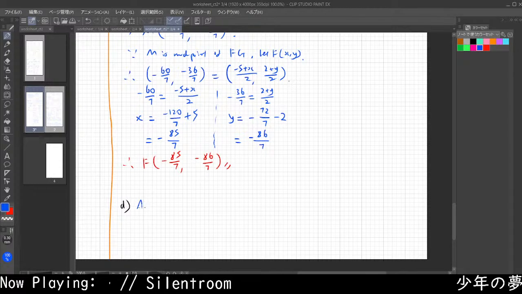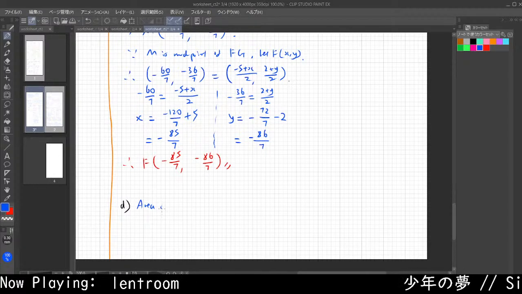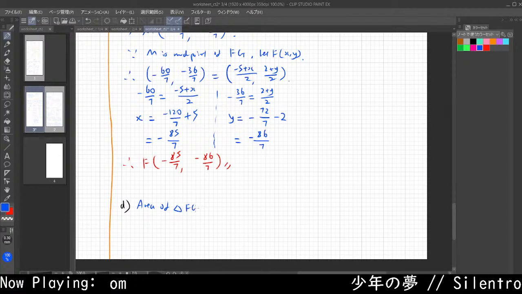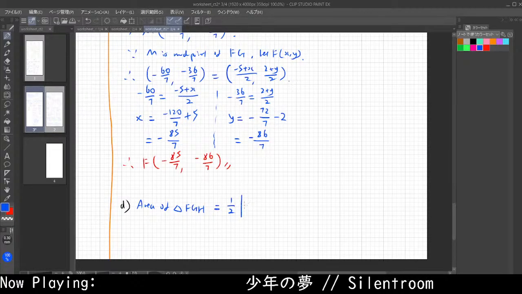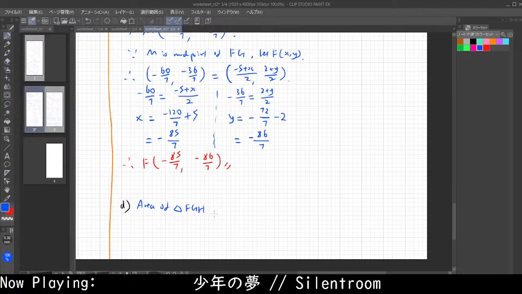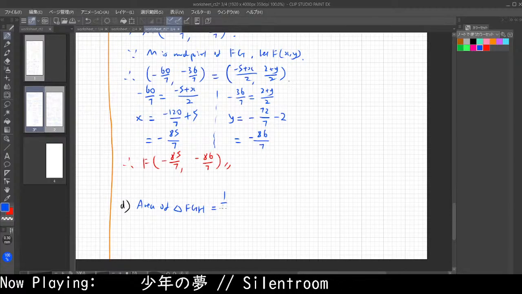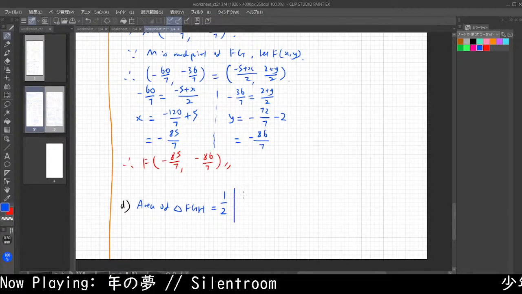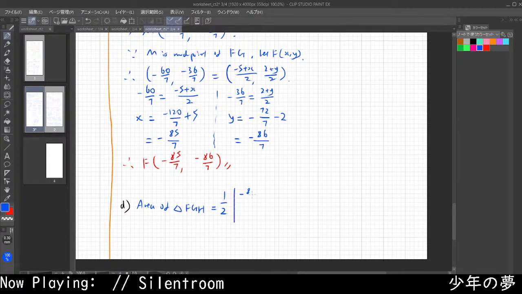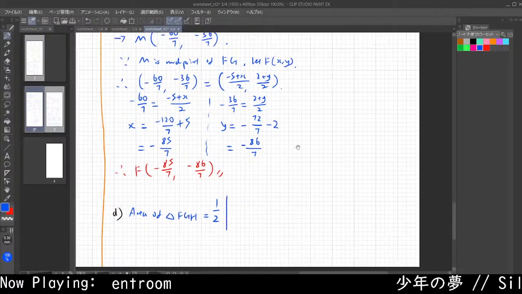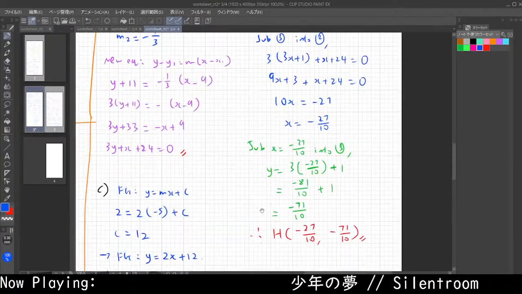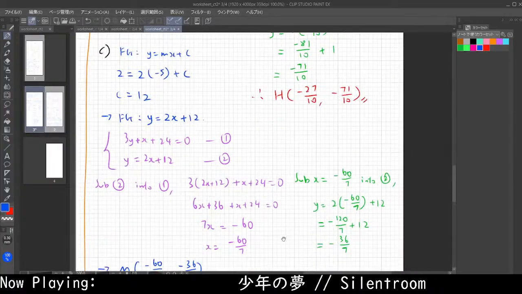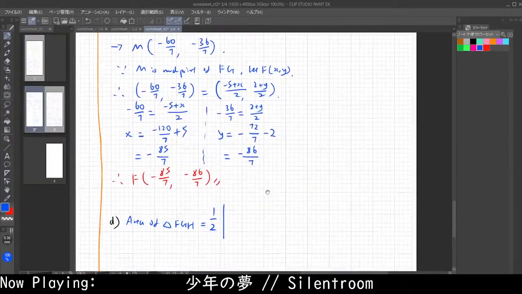Area of triangle FGH. We start from F. Wait, do we really need to start from F? No, we do not want to start from F. We start from the simplest ones. We start from G. E is given already, it's the simplest one.